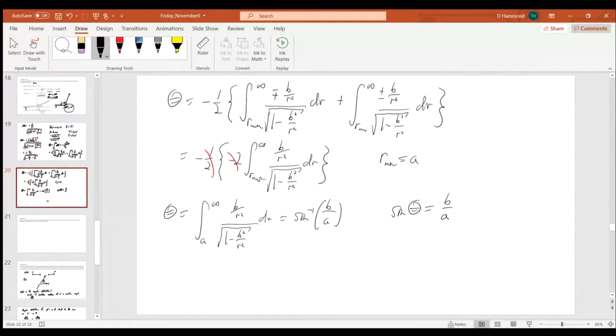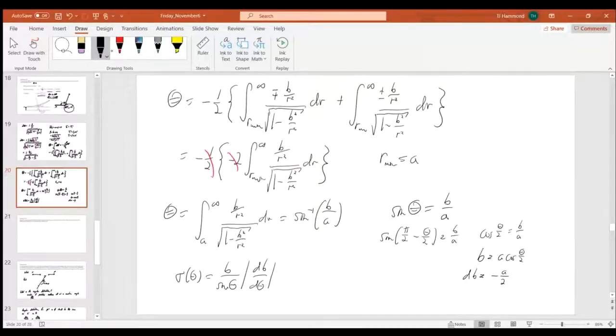And so what we have is sine of pi by 2 minus little theta by 2 is equal to b over a. And if you know your trig identities, that's cosine of little theta by 2 is equal to b over a. Or b, which is our impact parameter, is equal to a cosine theta by 2.